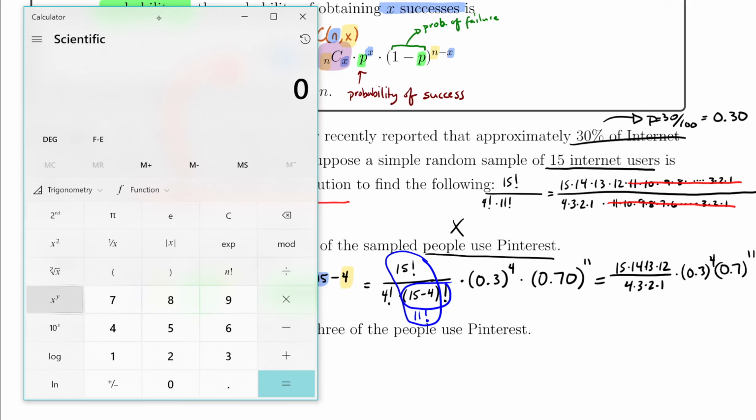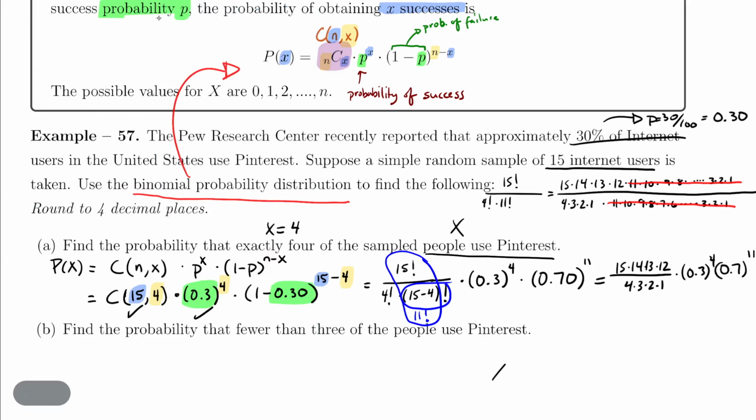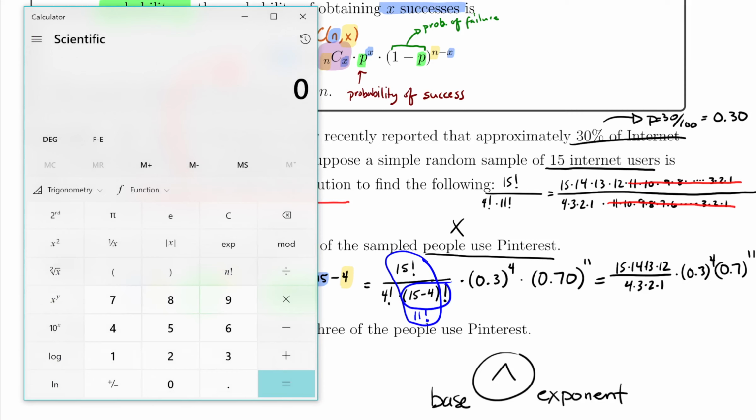You need to have an exponent button. My exponent button looks like this, what you see highlighted on the screen. Yours might look like this. You put the base, the exponent button, and then type in the exponent, whatever that is. So you need parentheses and an exponent button.